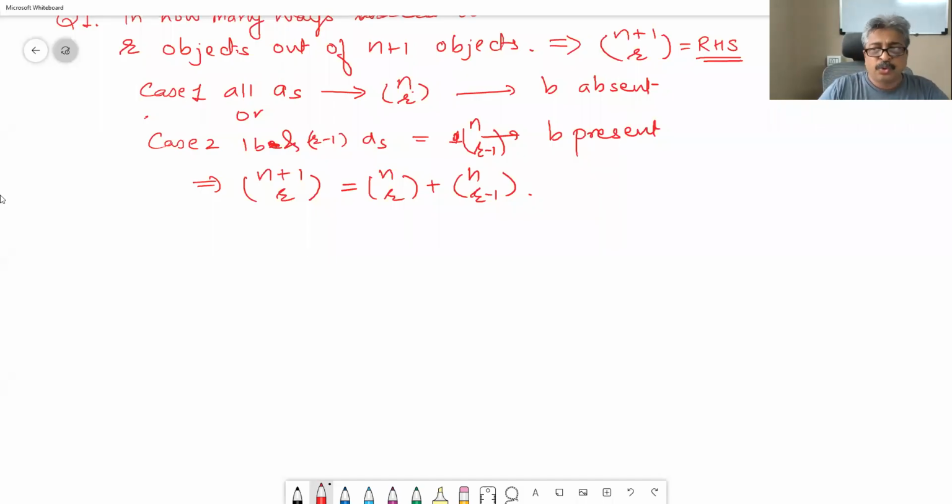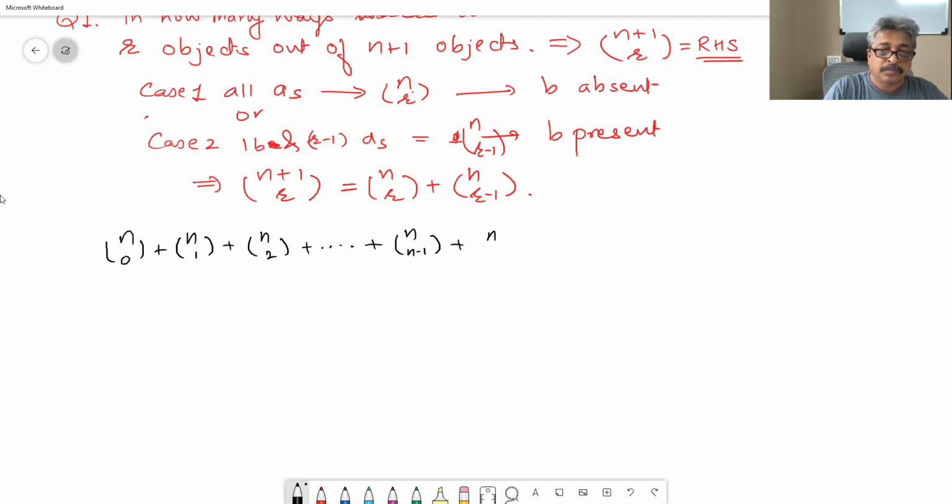Okay, we have also proved this identity. Now I give you a couple of minutes to think about a combinatorial proof for this identity.